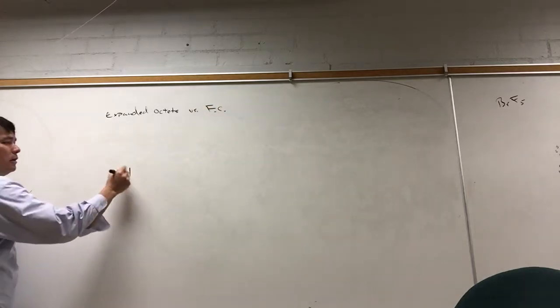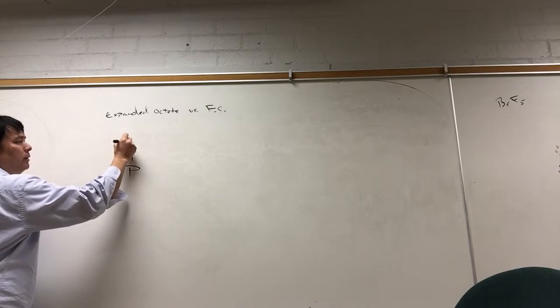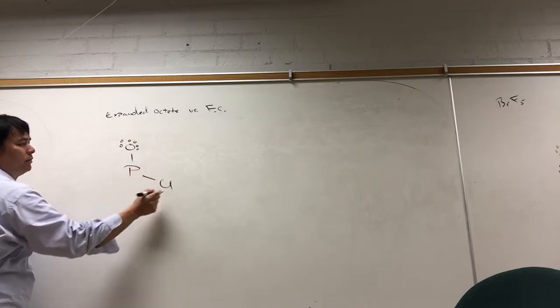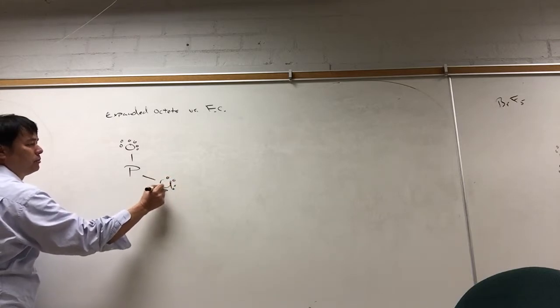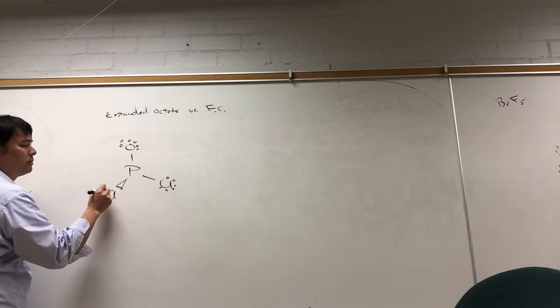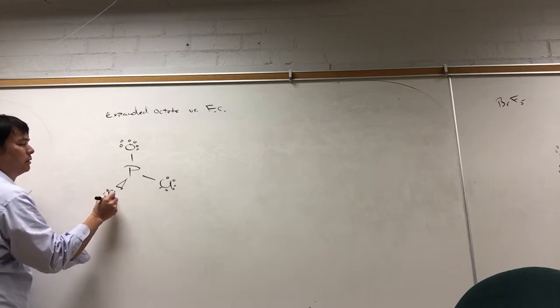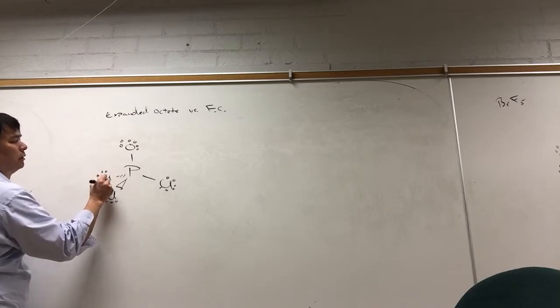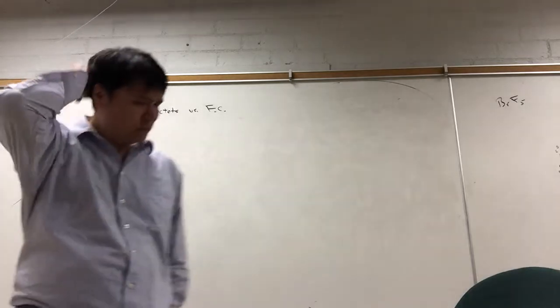And so if we look at a structure, let's come up with a structure like this. This is going to be OPCl3. This is a neutral molecule. What's the geometry of this? What do you think the geometry of this is?